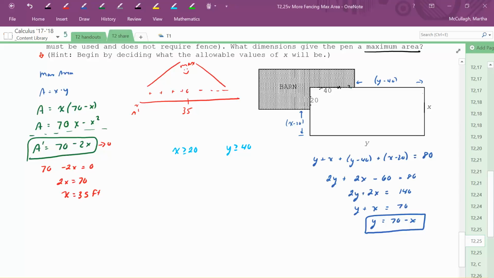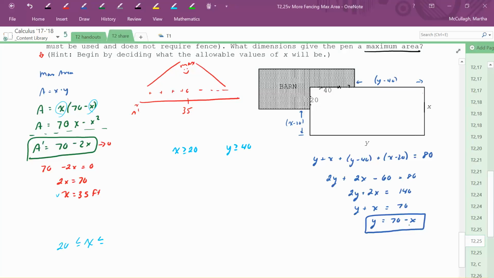So our restrictions on x, the variable that we chose to keep while getting rid of our y's: x needs to be greater than or equal to 20, but it needs to be less than or equal to what? Well, we could go back and do the intuitive reasoning on what the largest x can be, but let's look at it algebraically.